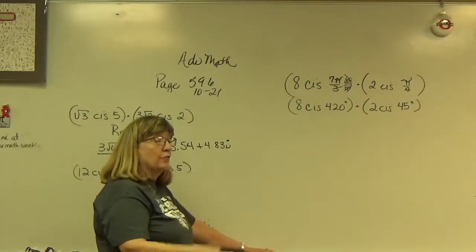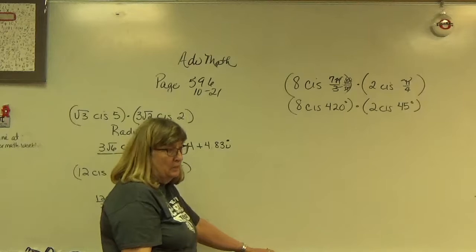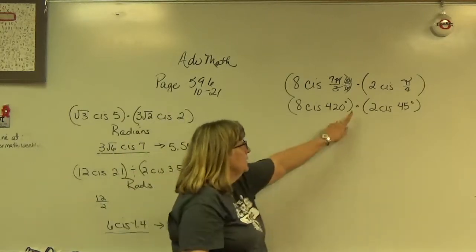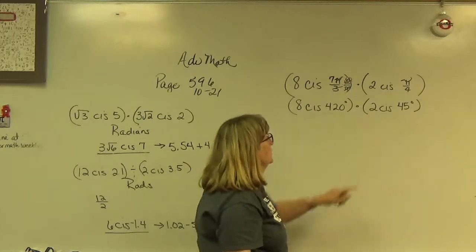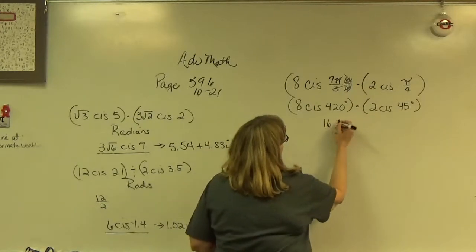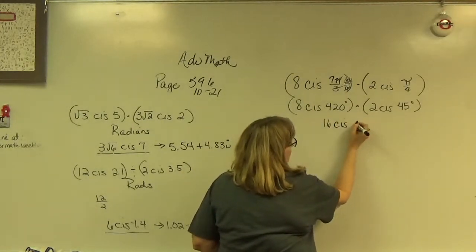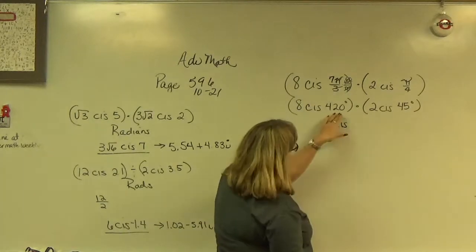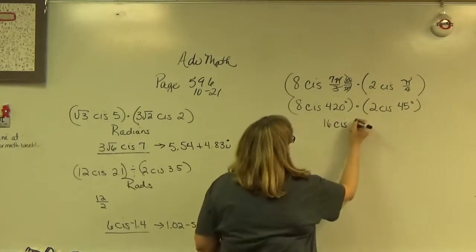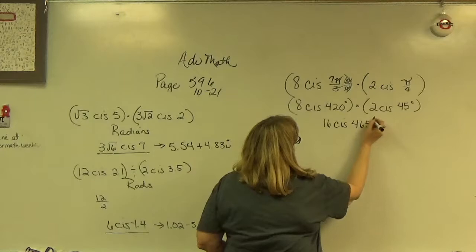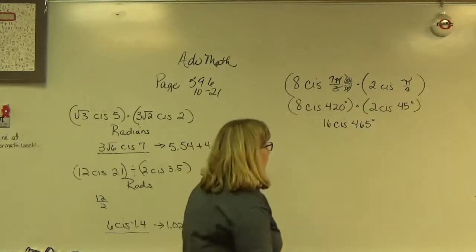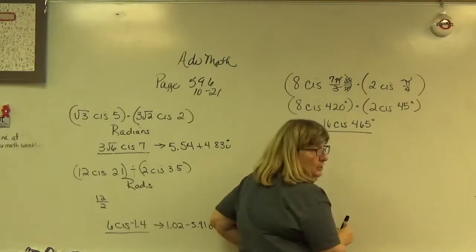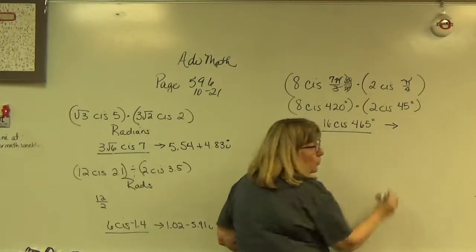Now we're ready to get our first answer, the r cis theta. So we're multiplying, so what do we do to the r's? Multiply them. So 8 times 2 is 16. What do we do with our angles? Add. So 420 plus 45 is 465. Do you have to subtract that? No, when it's a quotient, you subtract them. Okay. There's the first answer. It's in r cis theta form.